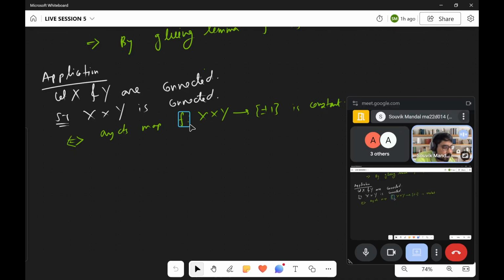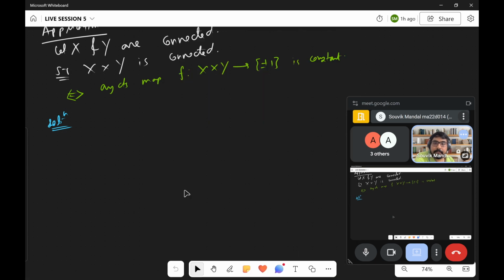Okay, so let me do it. Choose x naught, y naught belonging to X cross Y, and we have this function f from X cross Y to plus minus 1 given.